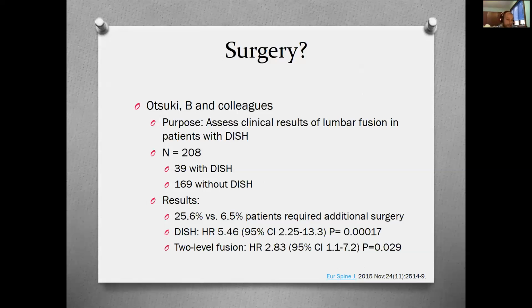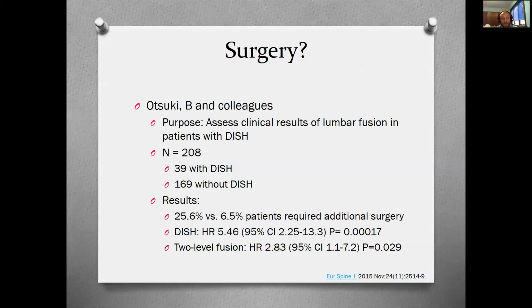And what did they find? They found that patients with DISH, I don't want to say had more complications, but they did worse than patients without DISH. You can see here by the results that almost 20% more required additional surgery if they had DISH. A quarter of the patients that underwent this lumbar fusion required additional surgery, while only 1 in 20, or 1 in 18, of the patients without DISH required additional surgery.